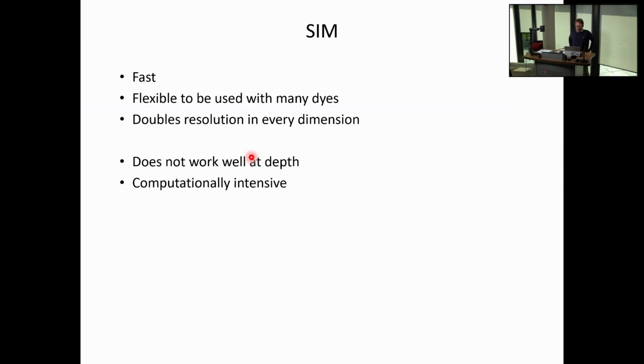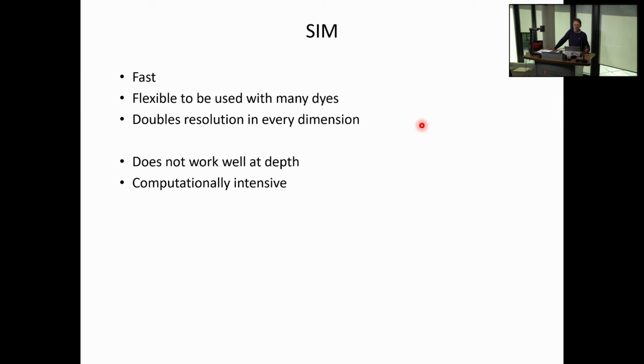So to finalize this lecture and this course, in fact, SIM is very fast. It's very flexible to be used. One of the great things is that for SIM you don't have any particular demands on the dye. I don't know whether I said it in much detail, but I certainly did for single molecule localization microscopy.